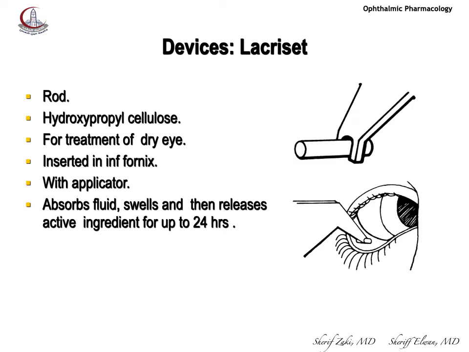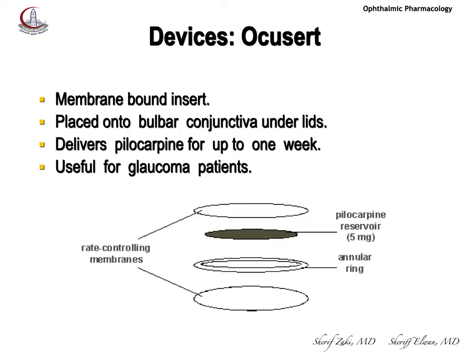The drug may be presented in a device, for example, the Lacrycet, which is a rod of hydroxypropyl cellulose used for treatment of dry eye. It can be inserted in the inferior fornix with a special shaped applicator. It absorbs fluid, swells, and then releases the active ingredient over a period of up to 24 hours.